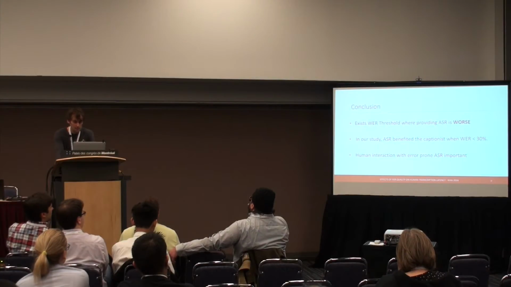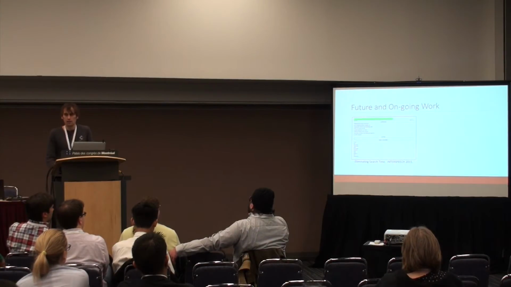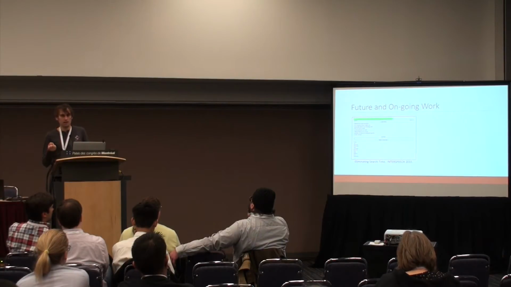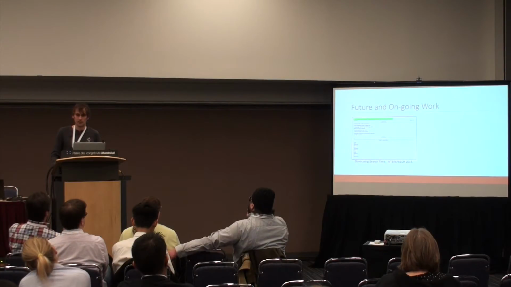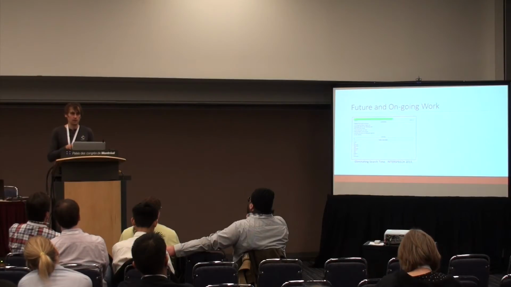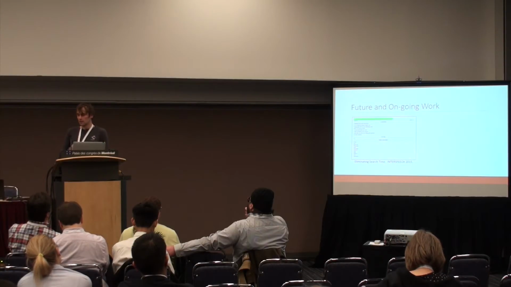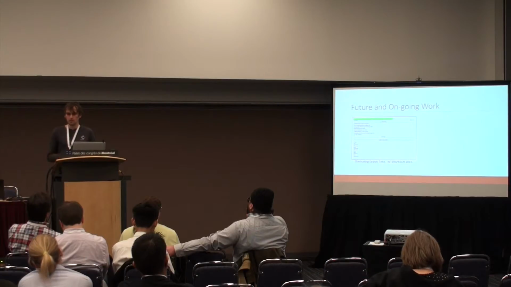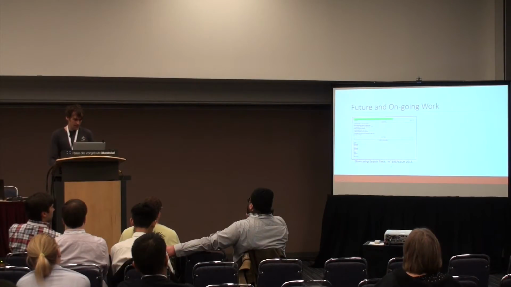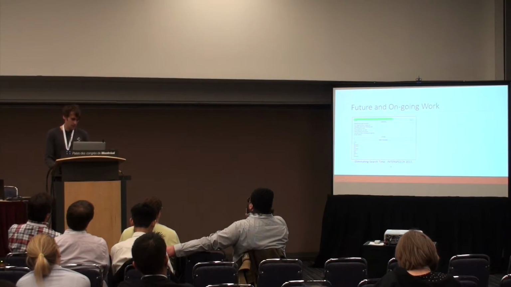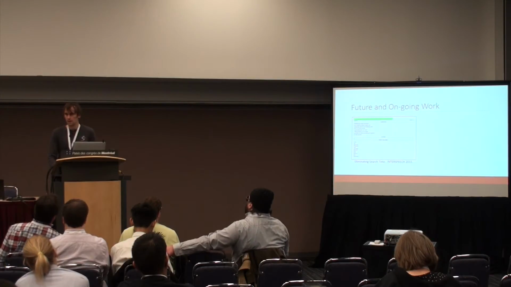So what does this mean? Well, one thing that we found, this is our future and ongoing work. One reason why it's sometimes slower to edit the ASR output rather than just starting from scratch is that there are really two parts to what you're doing when you're editing the ASR output. There's the typing, whatever you need to, but there's also finding where in that transcript you should start typing. We had a paper at Interspeech last year where we were trying to eliminate the finding part.